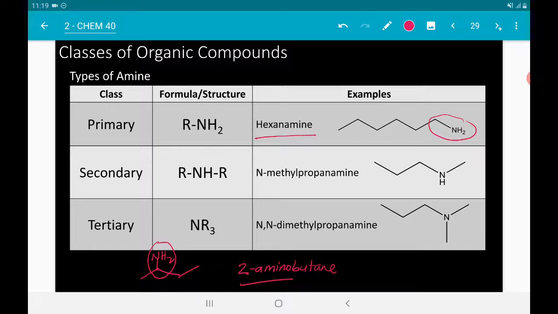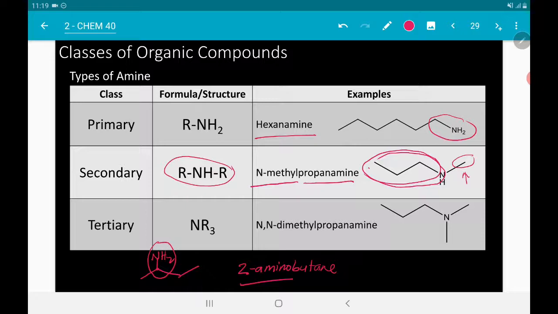Secondary. So, kapag secondary amine na, pipiliin mo yung longest chain. So, dito sa dalawa, the longer chain is the propyl chain. Okay? So, ang gagawin mo, this methyl group is a substituent attached to the N. Okay? So, N-methyl, kasi yung methyl mo ay nakatouch dun sa N, propanamine because this is a propanamine.